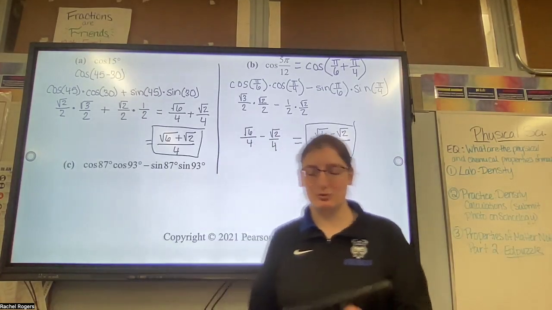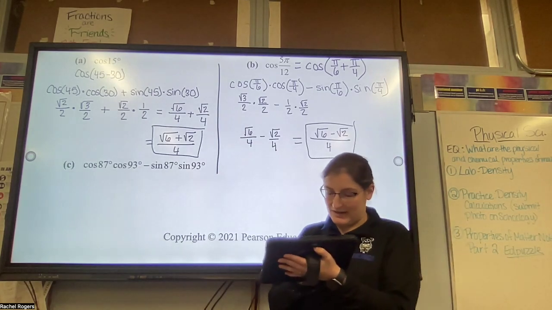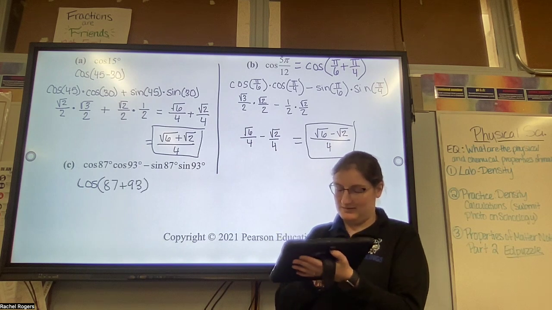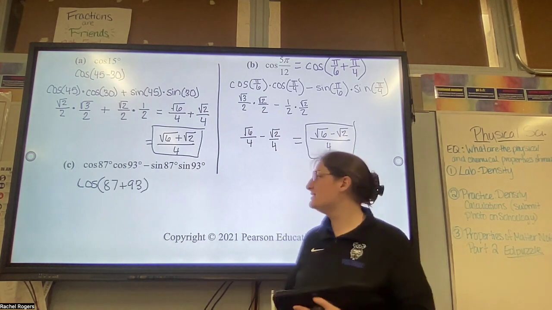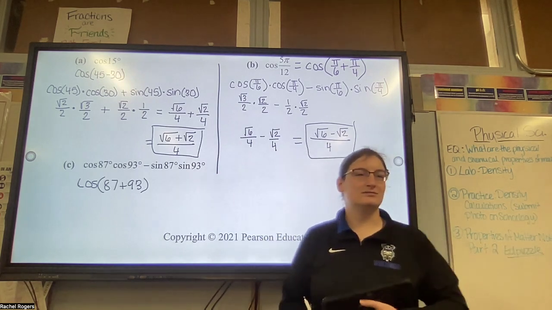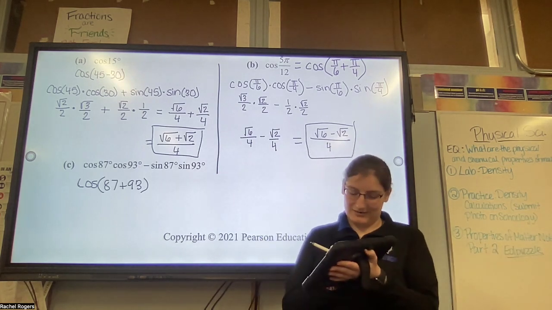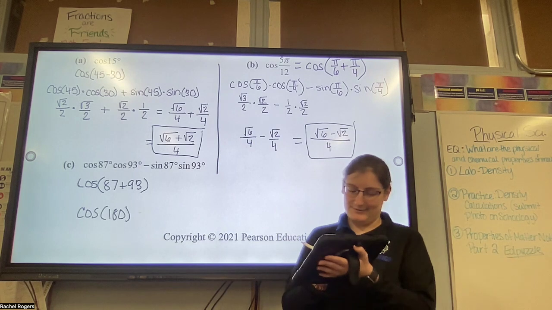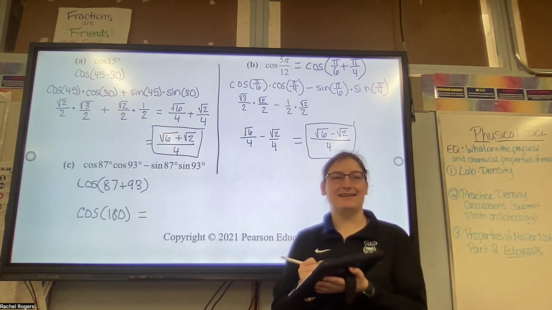It looks like the addition one, so this looks like cosine of A plus B. What is 87 plus 93? 180, right? Which is cosine of 180, also known as pi, which is what?